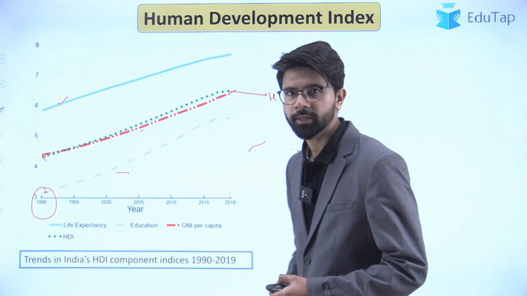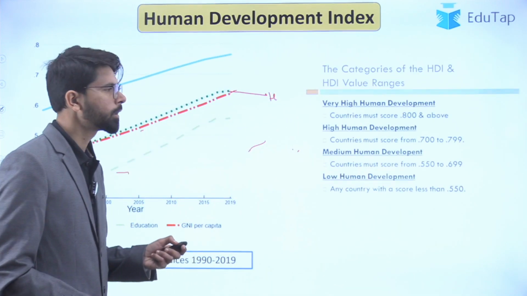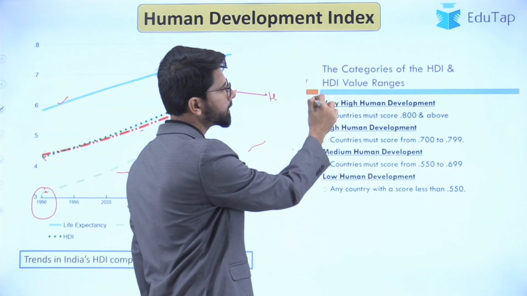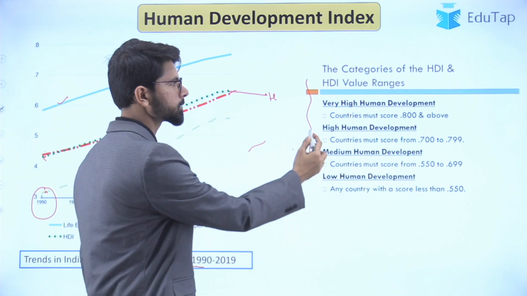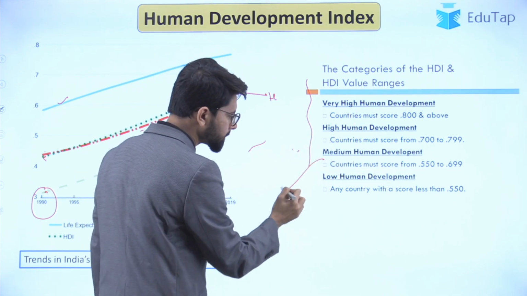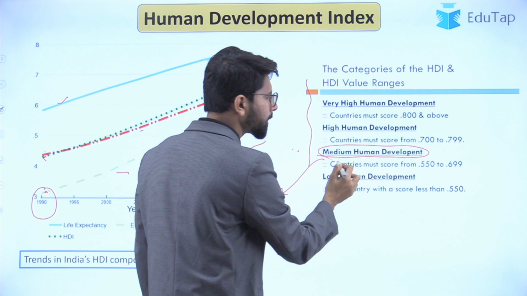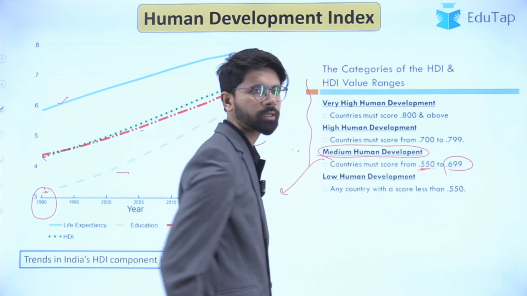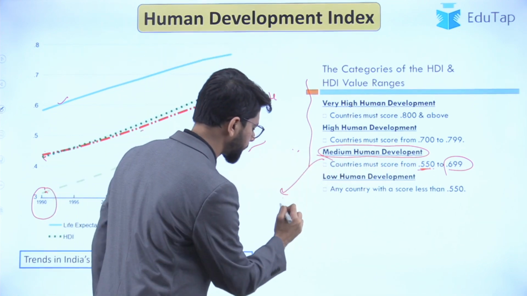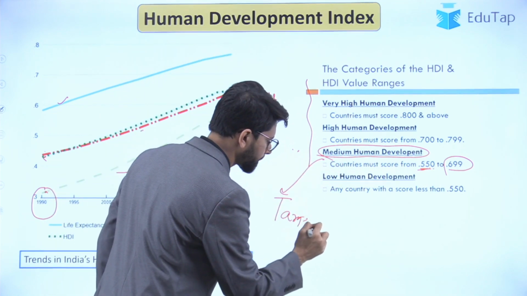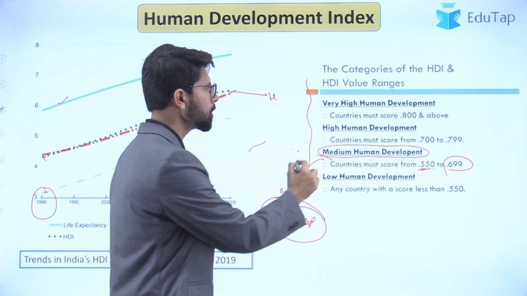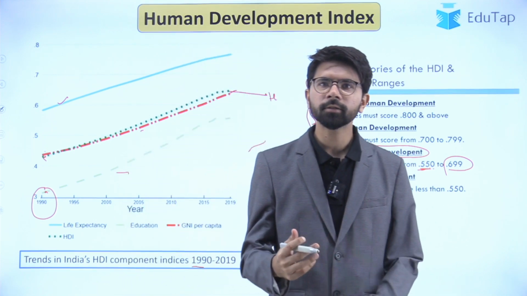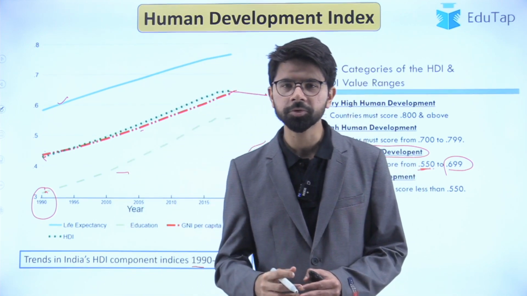So that is the increment, and these are the trends we see in the HDI value between 1990 and 2019. The categories of HDI range across this index, and India stands in medium human development, where the HDI score ranges from 0.550 to 0.699. So the real target for a country would be to move to very high human development, so that all the people who have adequate skills would also contribute to the growth of the nation.